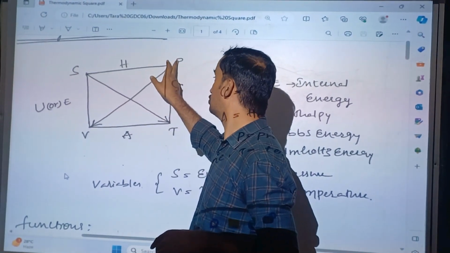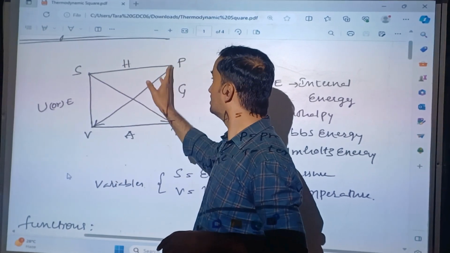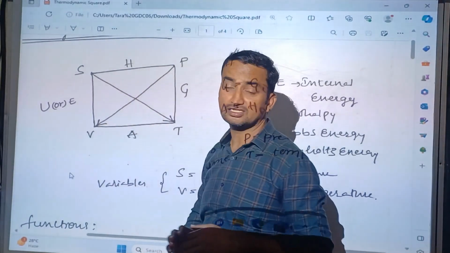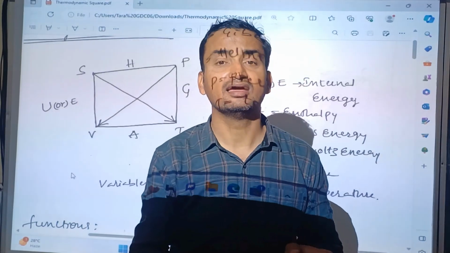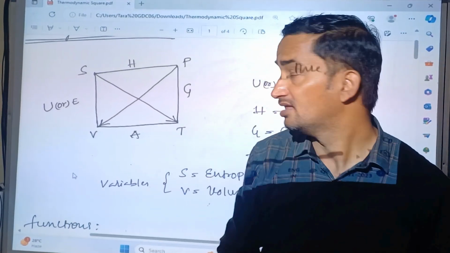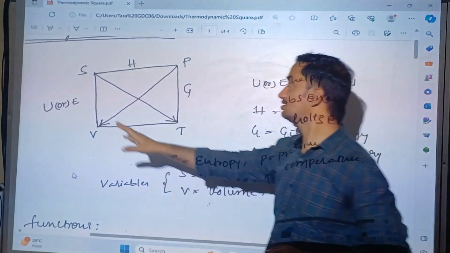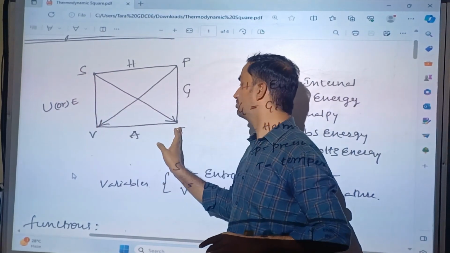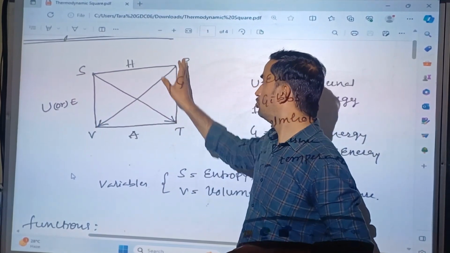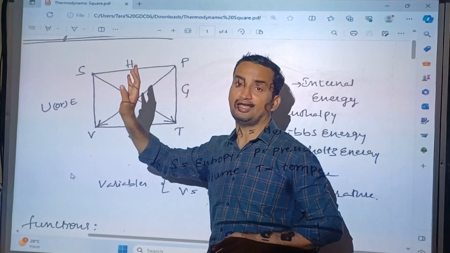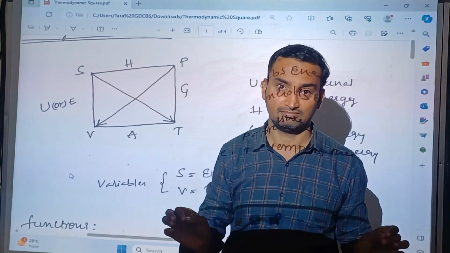Second case, that is dou P by dou T, so here also the arrow mark is moving away. That's why in both the cases we are going to get positive sign. That means what is the first Maxwell relation? Dou S by dou V at constant temperature is equal to dou P by dou T at constant volume. Both are positive sign. This is the first relation.